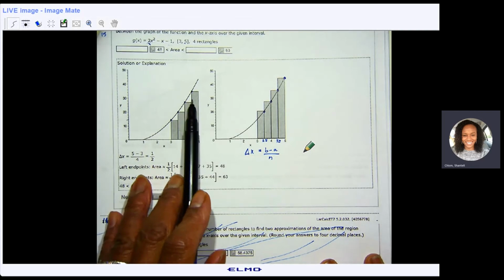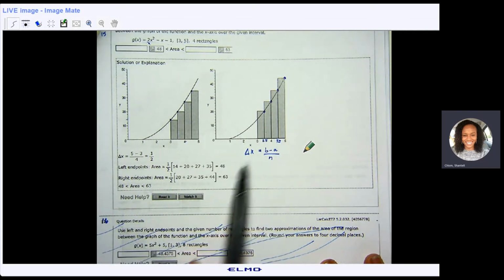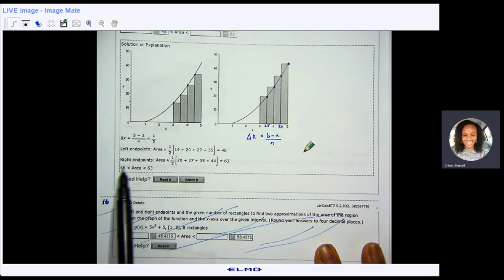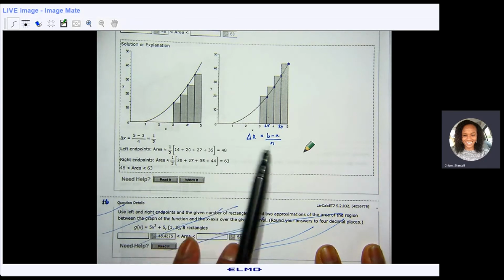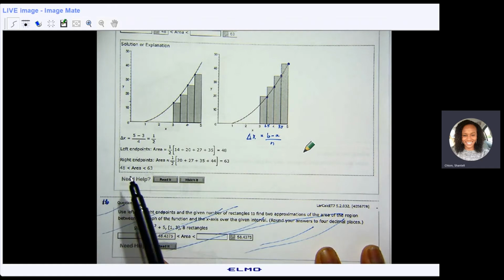You've got some gaps here. And using the right endpoints, the area is slightly bigger. So your actual area would be somewhere between 48 and 63. That's what we're doing there, essentially. Getting a range for the area.